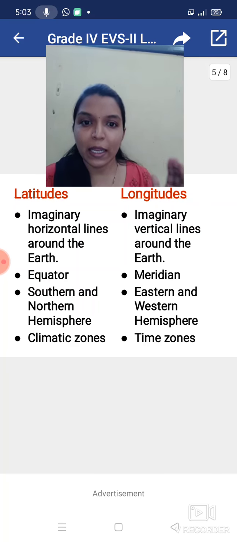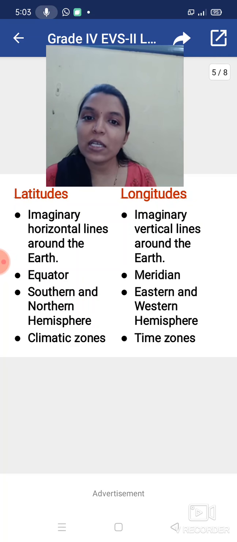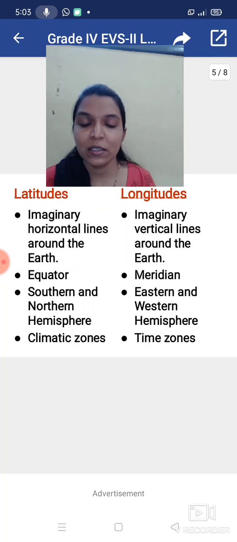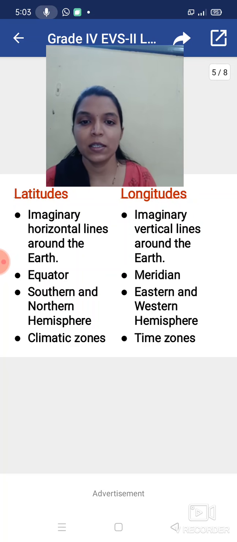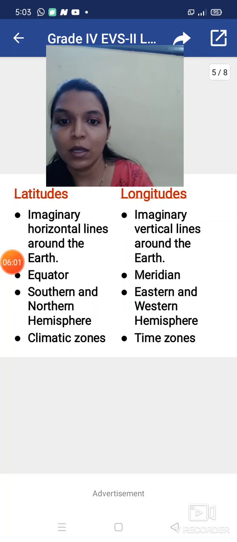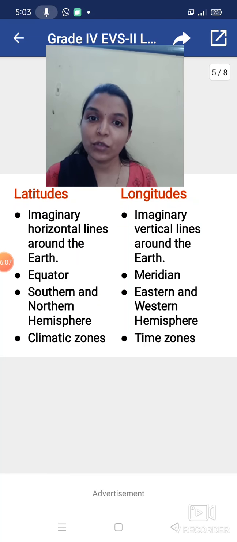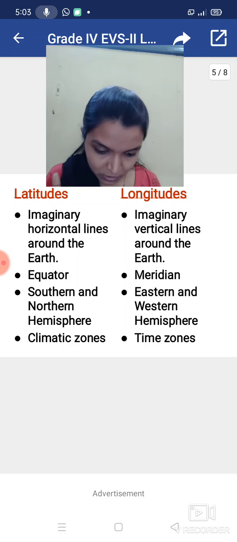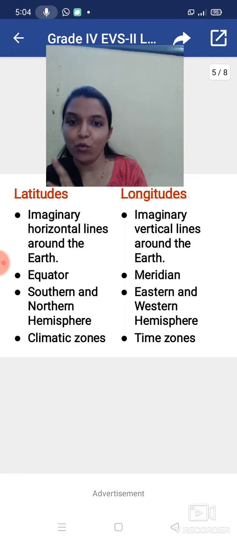First, we have to understand what is meant by latitude and what is meant by longitude. Just remember that latitude is the imaginary horizontal lines. Always remember, latitude, horizontal lines. Longitude, vertical lines. Latitude is the imaginary horizontal lines running from east to west.